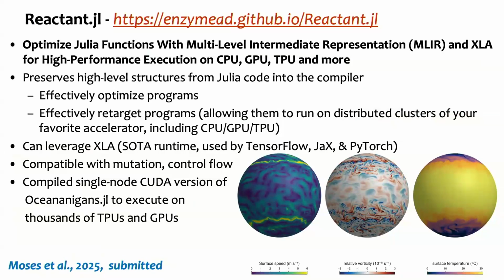It's called Reactant, that is a pre-optimizer of the language into this multi-level intermediate representation, and it takes care of issues specific to Julia, such as type instabilities and other problems that we were able to solve in order to really come up with a dynamical core that we can now use for these hybrid model approaches.